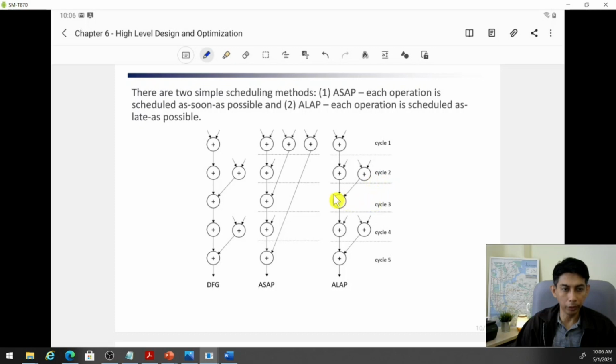So before we do this operation in cycle number 3, we need to make sure that we do that operation. So this is as late as possible, because just before the operation is performed here, we do the operation here. Same as this one. Instead of performing the operation here or here or here, this one is as late as possible, just before the data is needed here. This we call as late as possible.